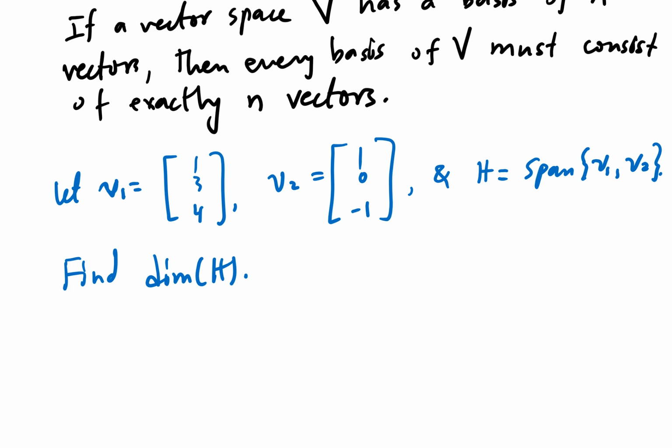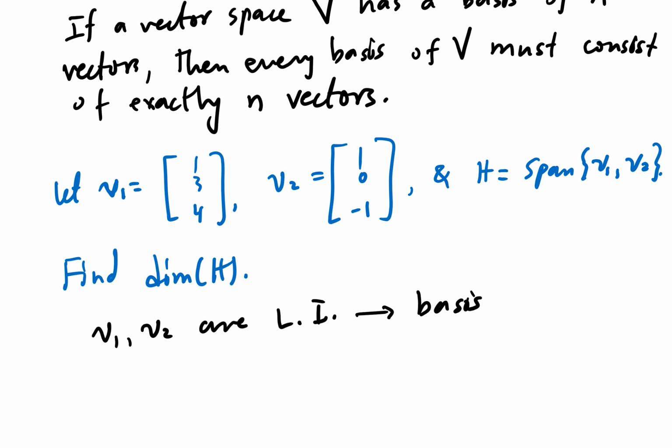I'll show you later today another way to work on this. So what does that mean? v1 and v2 are linearly independent vectors, right? So they form the basis for H.